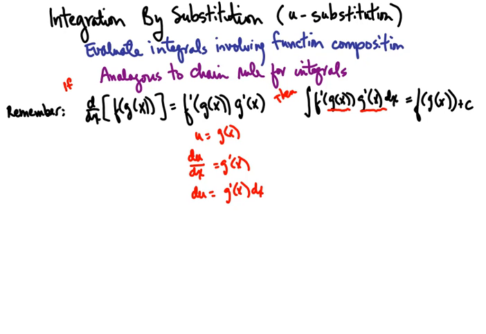Now you should note that if du is equal to g prime of x dx, then we have that in our formula, and we're going to replace that in the original integral with du. And since g of x we know is u, we can now simplify that whole integral of f prime of g of x times g prime of x dx to just read the integral of f prime of u du.